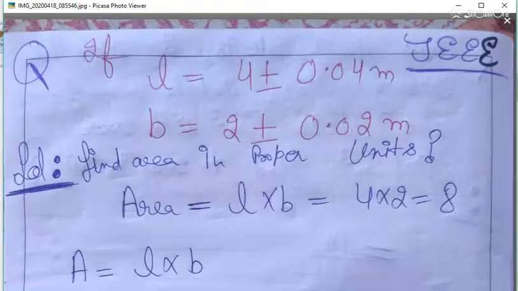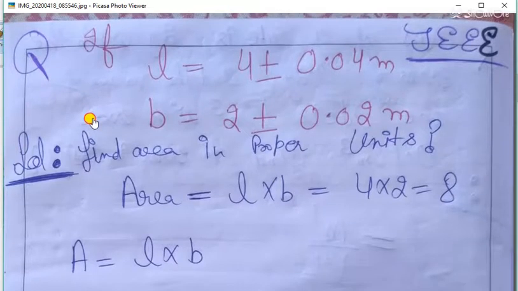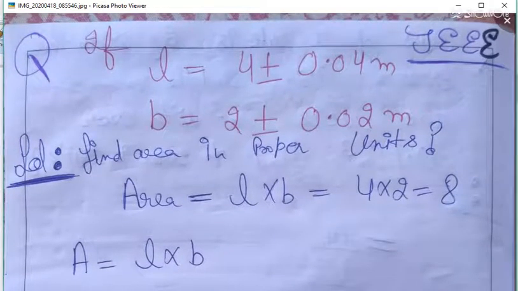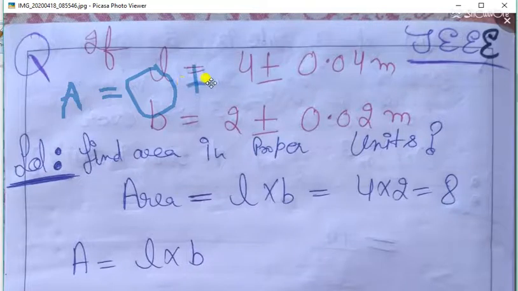So it is asking about the area with proper units, that means its value and plus minus its error value.